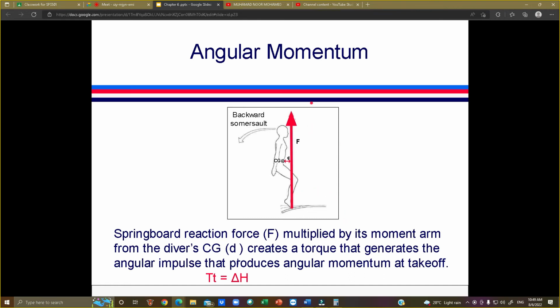So satu force ke atas, satu force ke bawah, forward somersault. Okay, forward somersault. Jadi kenapa kadang-kadang tak jadi somersault? Because the amount of forward force is lesser compared to the amount of upward force. Jadi dia lebih bergerak ke atas dan tidak rotate ke hadapan.